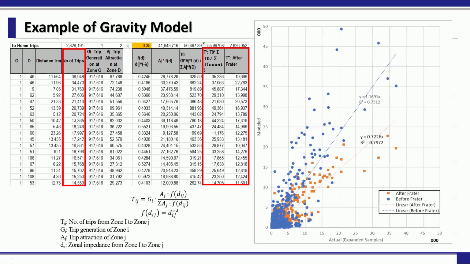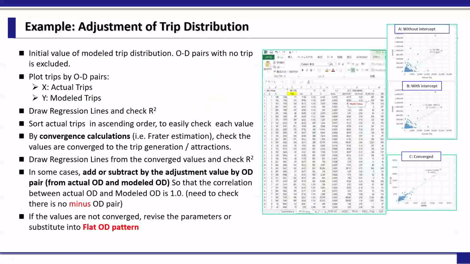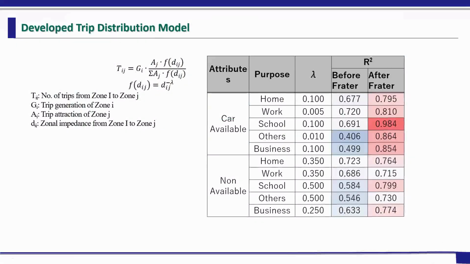This figure shows how to estimate the distribution models, and this page shows the developed trip distribution models and the parameters for the car available group and the non-car available groups.